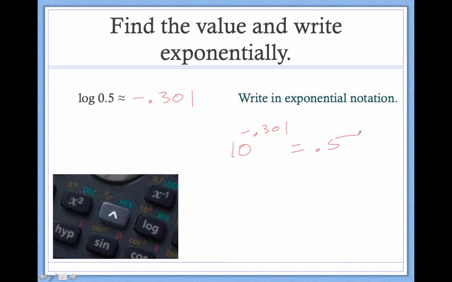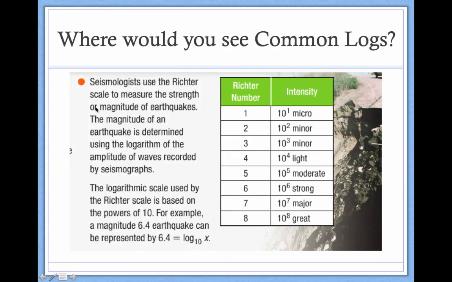Type 10 raised to the negative 0.301 into your calculator, and you get something pretty darn close to 0.5. So when you're talking about a log that does not have a base written in it, we're talking about the common log, which is base 10, which is on the front of your calculator.